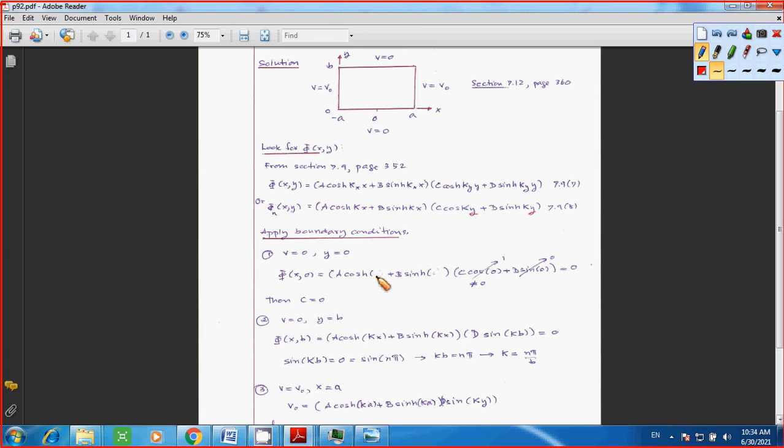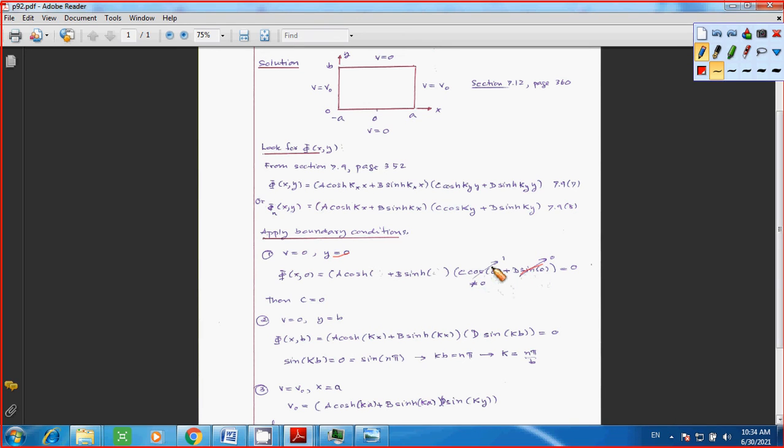Sorry, I'm missing something here. That's supposed to be your cosine kx, and this one cosh kx. For y equal to 0, you go to this term. So that becomes cosine 0, and this should become sine 0, which is equal to 0.